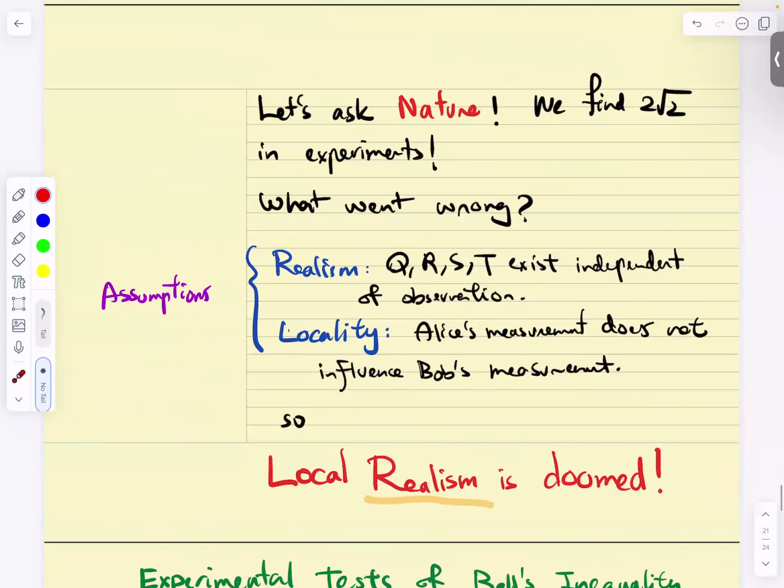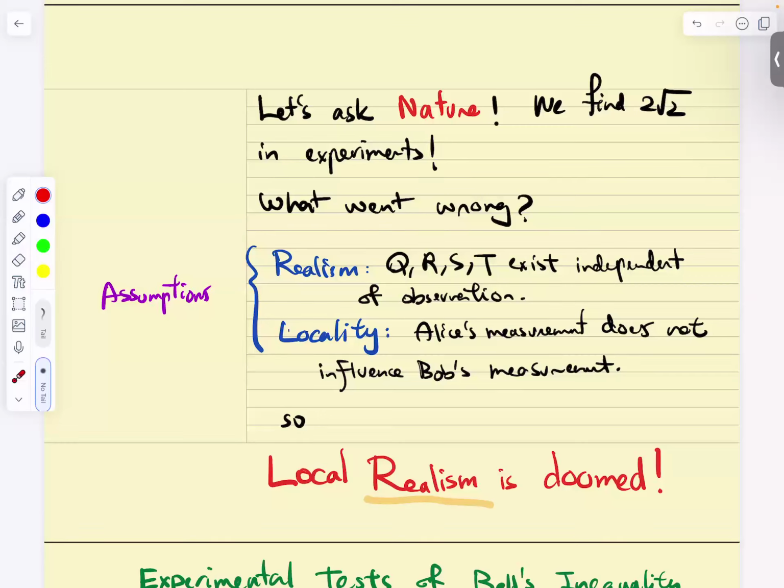All right, let's ask nature. Do we find 2 square root 2? Or do we find anything larger than 2? Turns out that, well, okay, so what are the assumptions? Realism: Q, R, S, T exist before you measure them. Locality: when Alice and Bob do their measurements, they do this really, really quickly, and they're far enough apart that they can't send a signal.